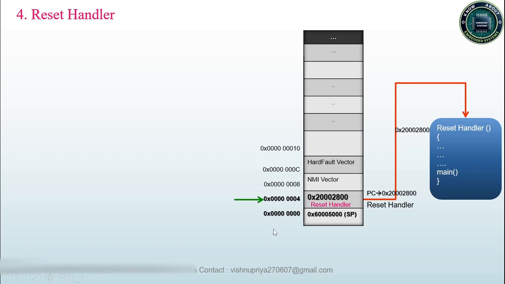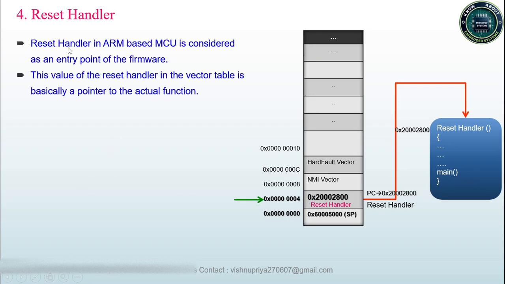We already know from the previous slide that the reset handler address gets loaded, and the processor will jump to the reset handler. So what are the different things that will occur in the reset handler? That also we have to understand. The first important thing: the reset handler in an ARM based microcontroller is considered the entry point for firmware. That's what I told you. This is actually the first point of your software booting process.